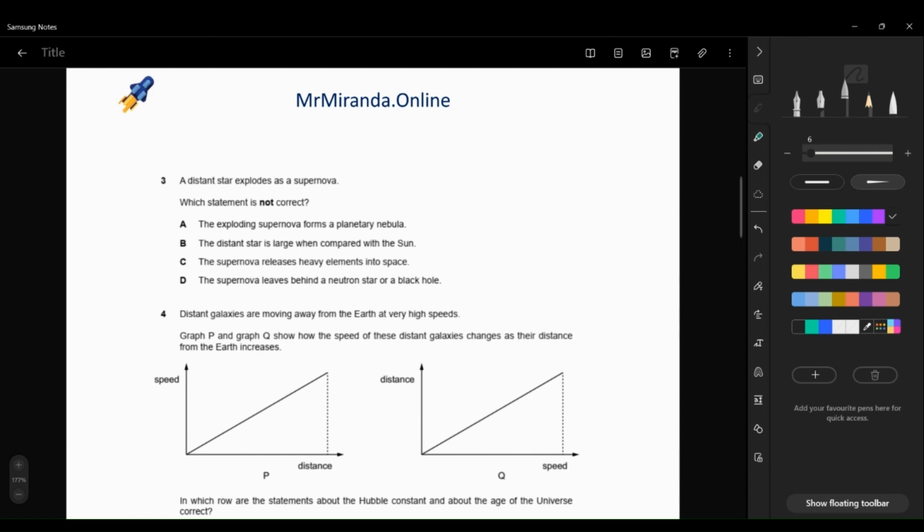It will explode as the star releases all its outer material in the explosion outwards, and the core of that star contracts to form either a neutron star or a black hole. This will depend on the mass of the star to begin with. So this means that answer B is correct. The distant star is large when compared to the sun, more than 8 times the mass of the sun.